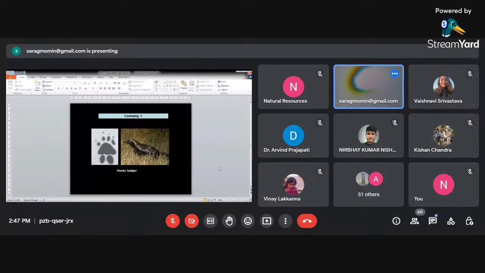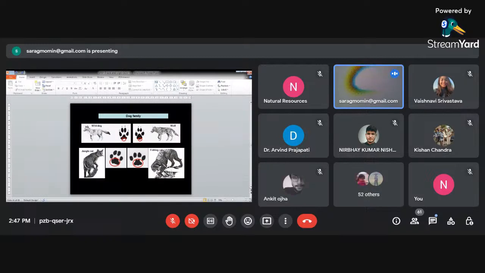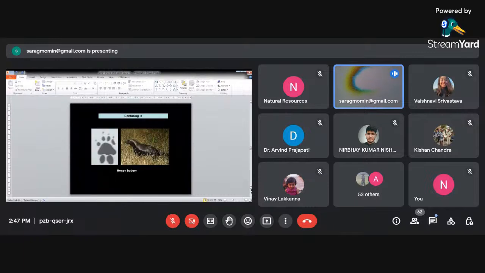So this is the common trend about the shape and size of the paw mark. But inside the jungle, sometimes you will find a very peculiar type of paw mark. The wildlife surveyor always gets confused about the shape and size of this paw mark.